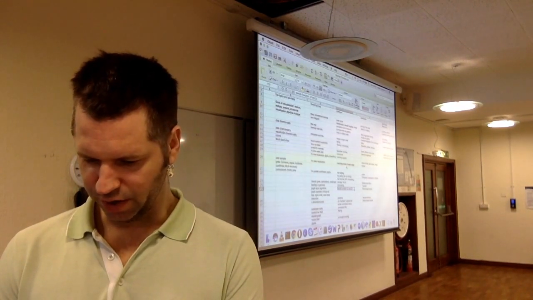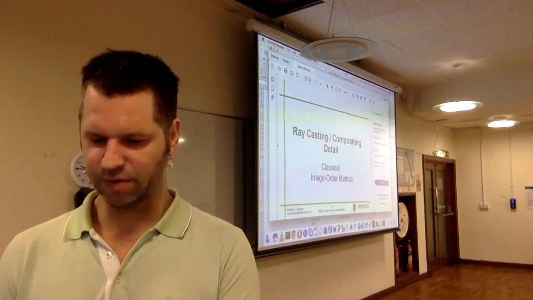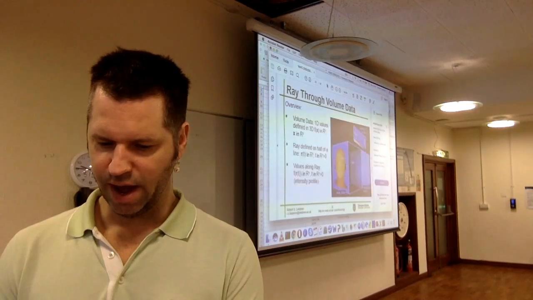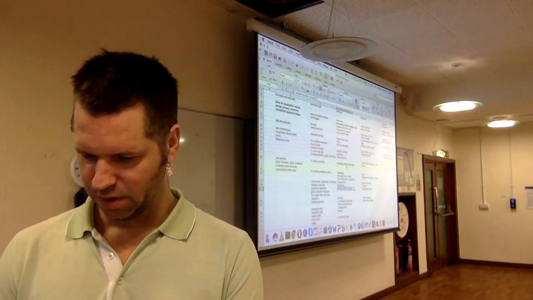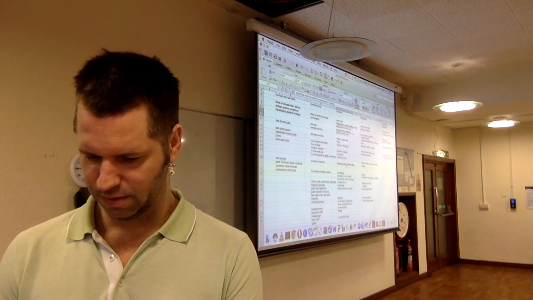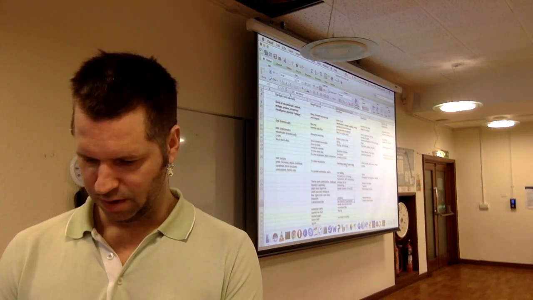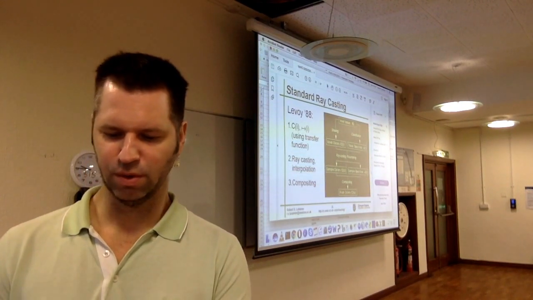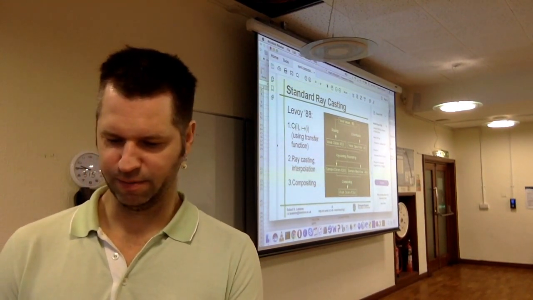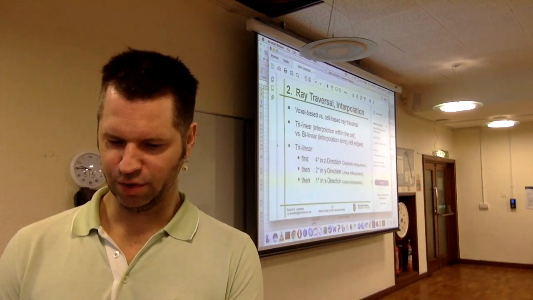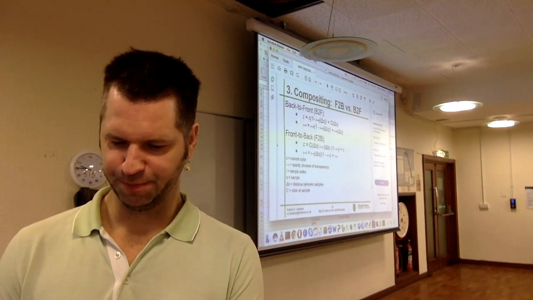Then the 2D transfer function, that's the 2D transfer function, and then the ray casting algorithm. So ray casting is one of the algorithms, right? And that's the overview of the ray casting algorithm. Step 1, step 2, step 3.